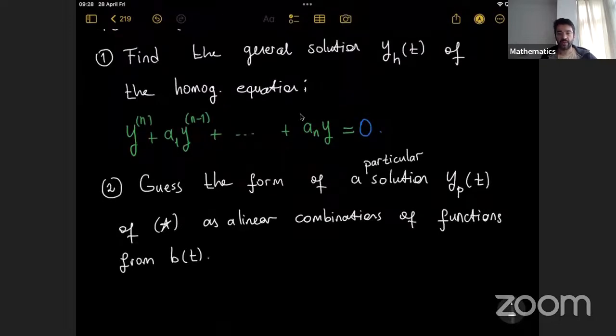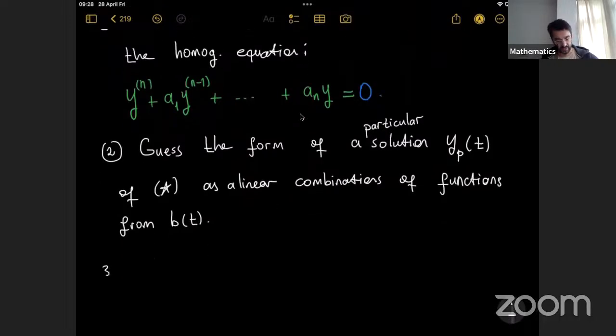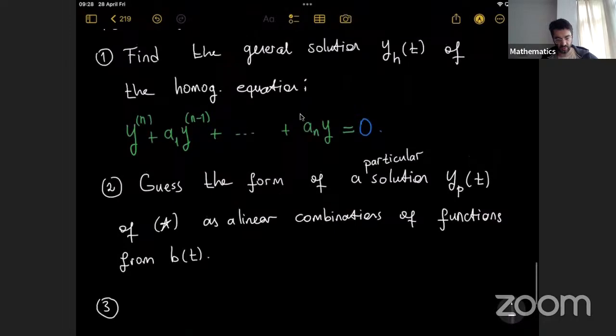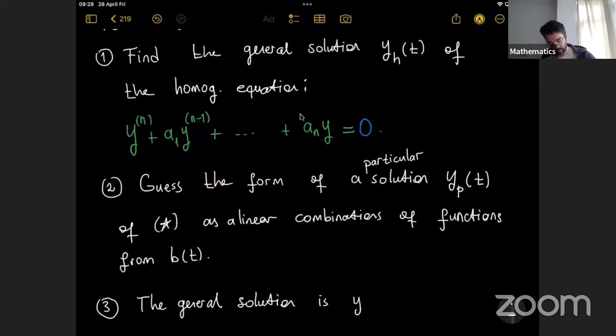So you will try to guess a particular solution as a combination of functions from the non-homogeneous part b of t. Then the general solution is the sum of the homogeneous solution and the particular solution. The general solution is y of t, basically yh of t plus the particular solution yp of t.